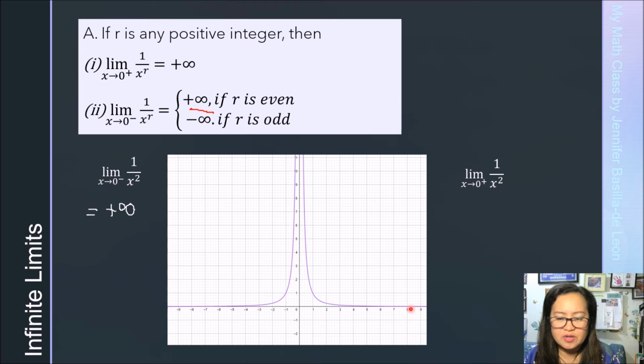We trace from the right, and as x approaches the value 0, the graph increases without bound. Therefore, the limit of 1 over x squared as x approaches 0 from the right is positive infinity.